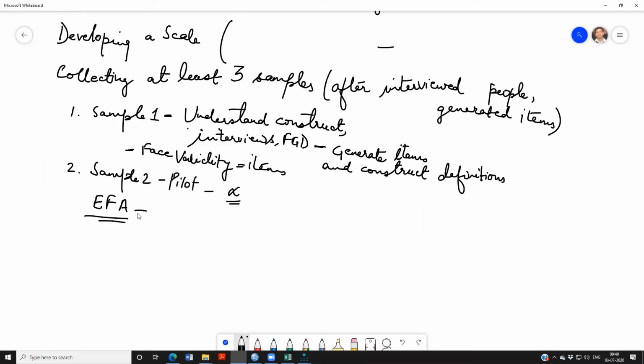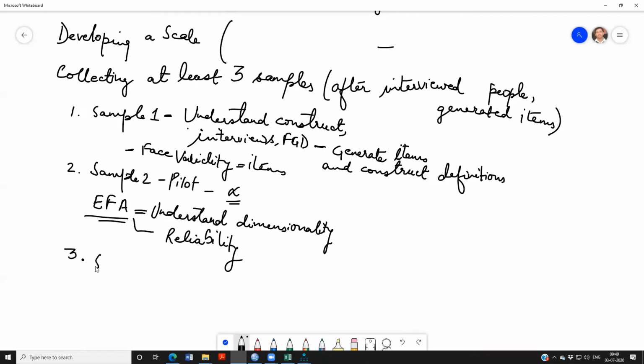So you will do EFA, understand dimensionality, and based on the dimensions you will perform reliability of the underlying dimensions. Then you will go to sample 3, where you will collect data again, and now you will do confirmatory factor analysis.